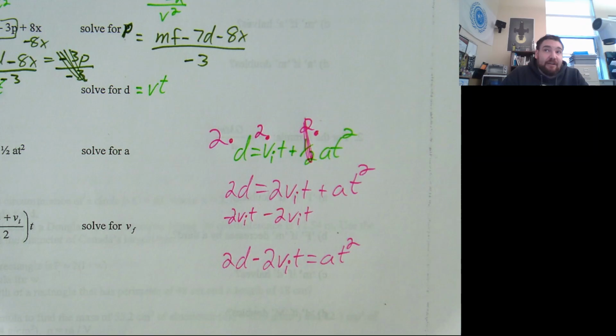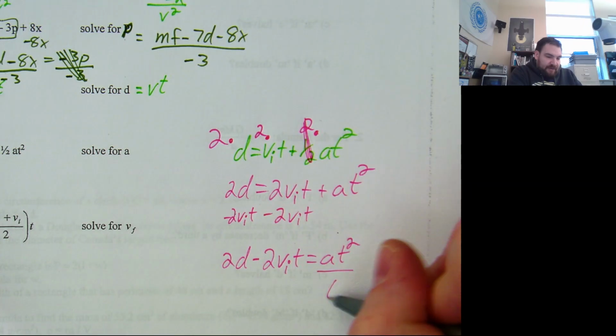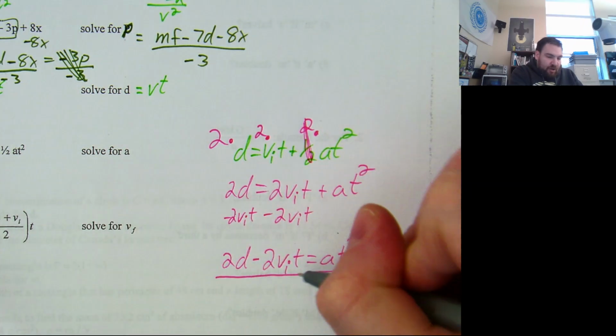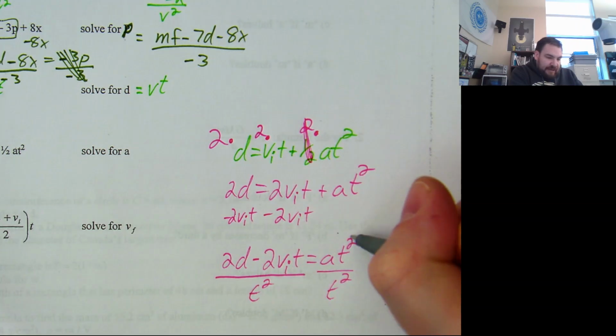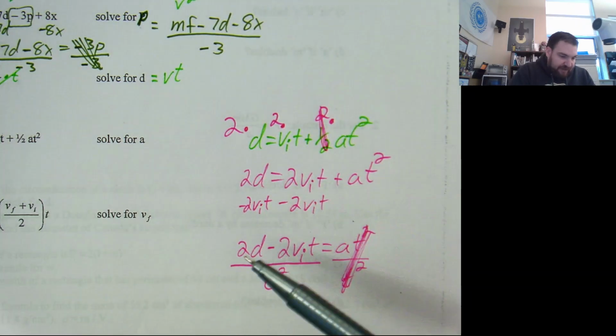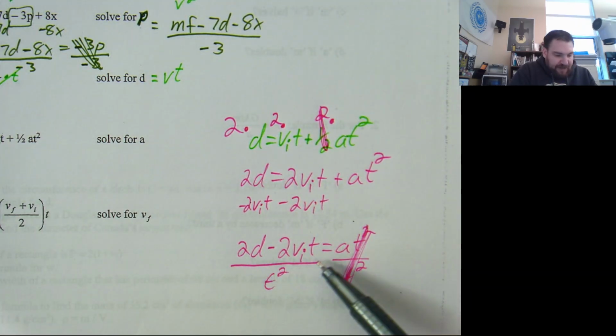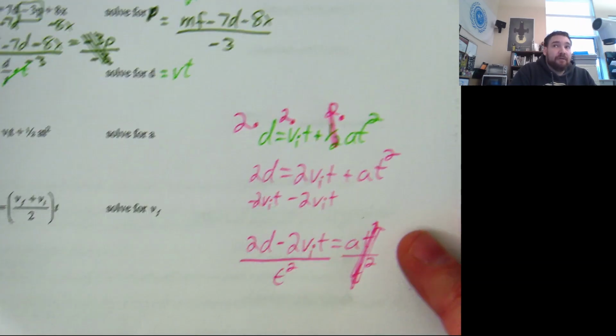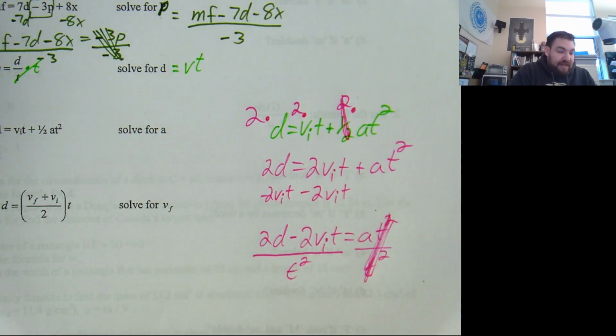And our last step to get a alone is to do what? Divide by t squared, and I have to do that to both sides. Here it'll cancel. So I'll be left with, if we did Lachlan's step first, 2d minus 2VIT all over t squared. It's not pretty. There's nothing wrong with it.